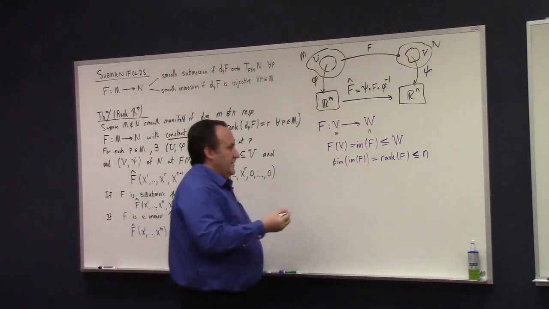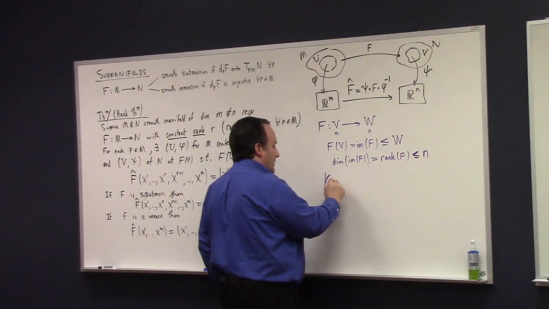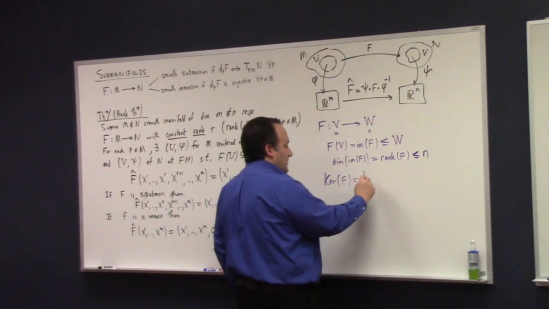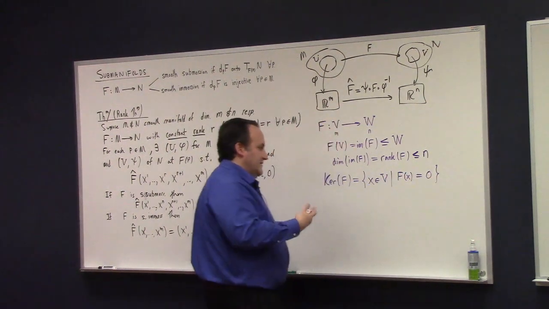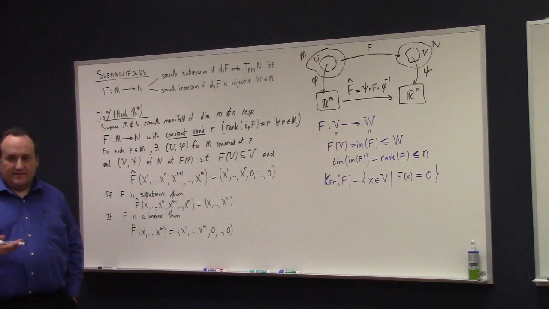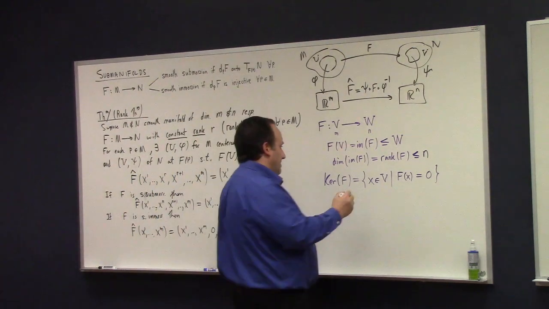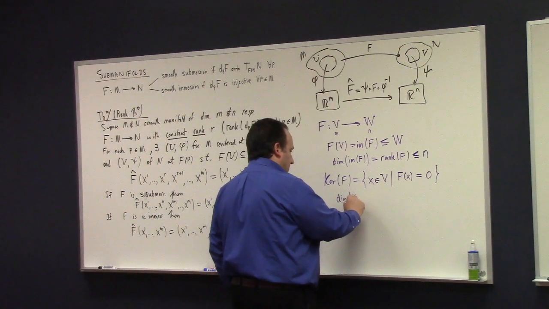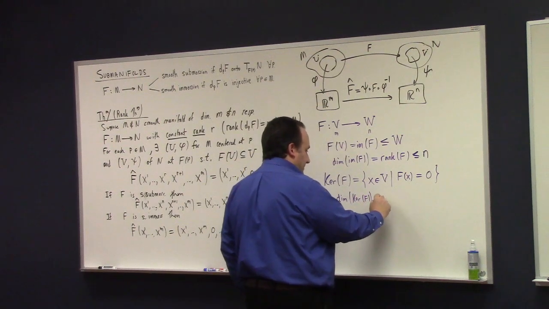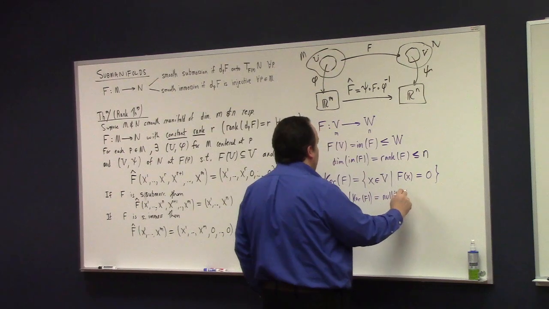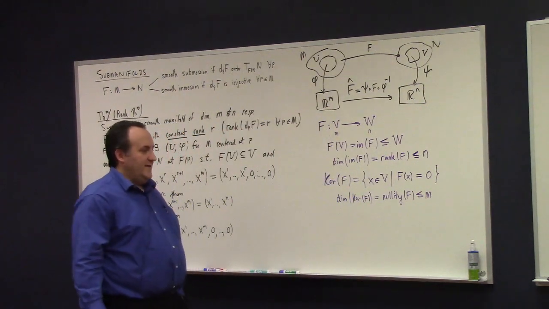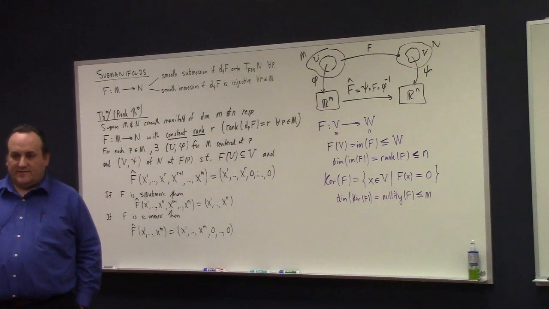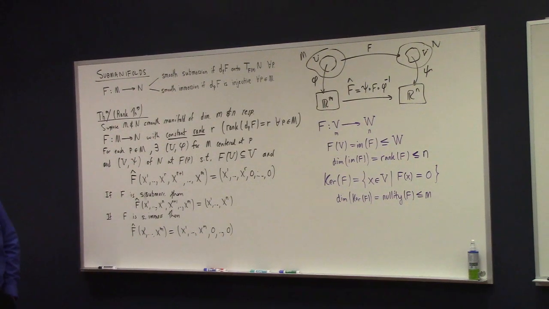On the other hand, there's the kernel of f, which by definition is the set of x in V such that f of x is equal to 0. That's a subspace of V, and its dimension is called the nullity. The nullity of f is less than or equal to m. If the nullity of f is equal to m, it's the zero map, which is especially silly.